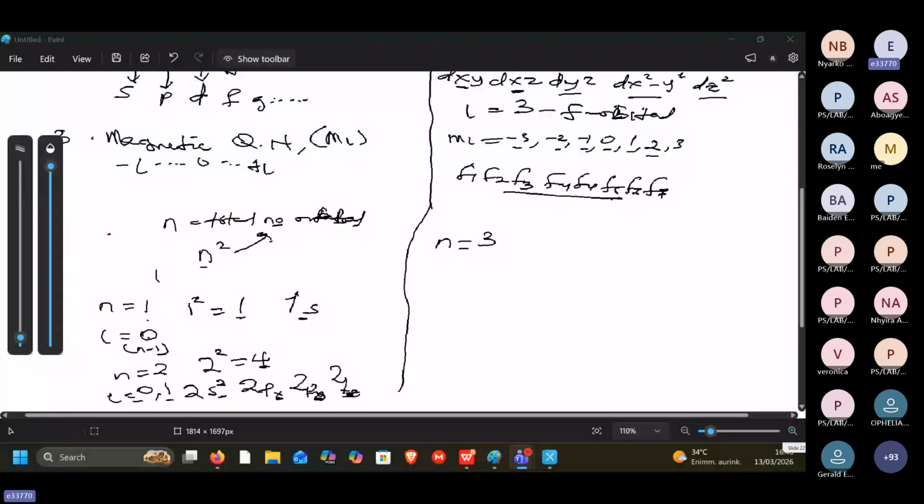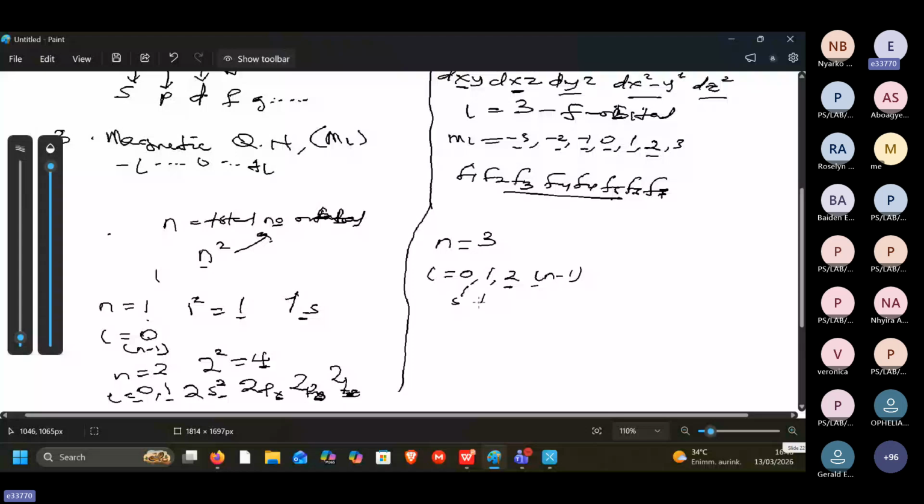So if I have n equals 3, then the allowed values are 0, 1, and 2. The maximum that we can get for L is going to be n minus 1. That's the highest we can get to. So this is S, P, and then D. If I come to the third energy level, I should be getting 3S, 3P, and 3D.